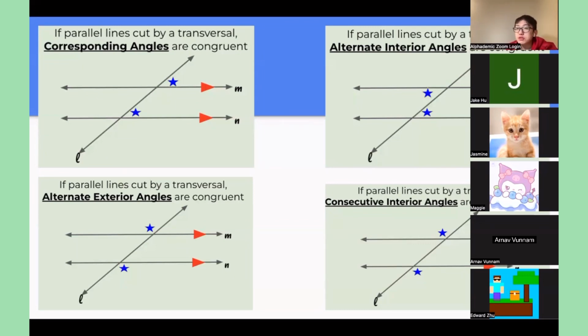These are the four main ones you should know, and all the stars just mark what the two angles are that they are talking about. Does anyone have any questions on any of these? All right, great.